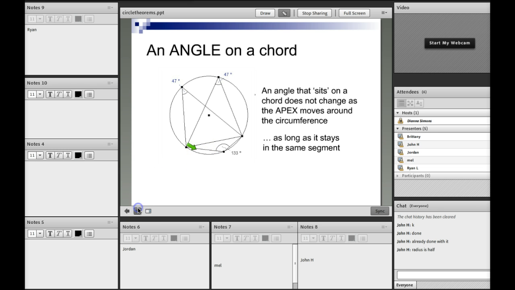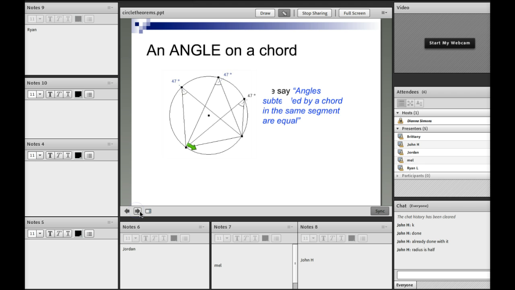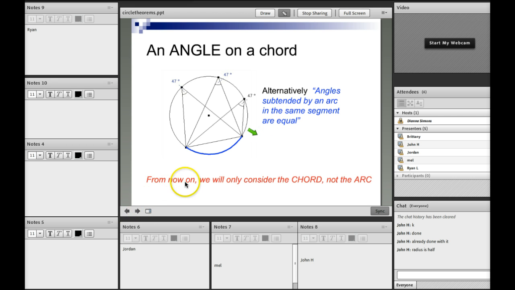Good. So we say angles subtended by a chord in the same segment are equal. Okay, so subtended means these. Alternately, angles subtended by an arc in the same segment are equal. So from now on, we'll only consider the chord and not the arc.